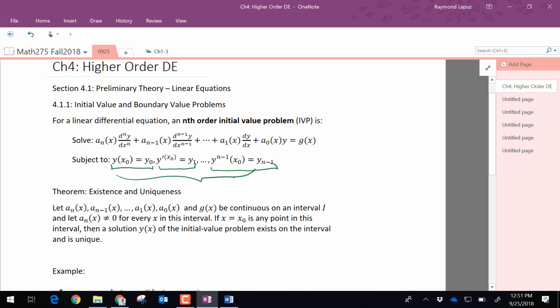So for an nth order differential equation, we should expect n initial conditions. So that completes your initial value problem. You have a differential equation, and then you have n initial values.